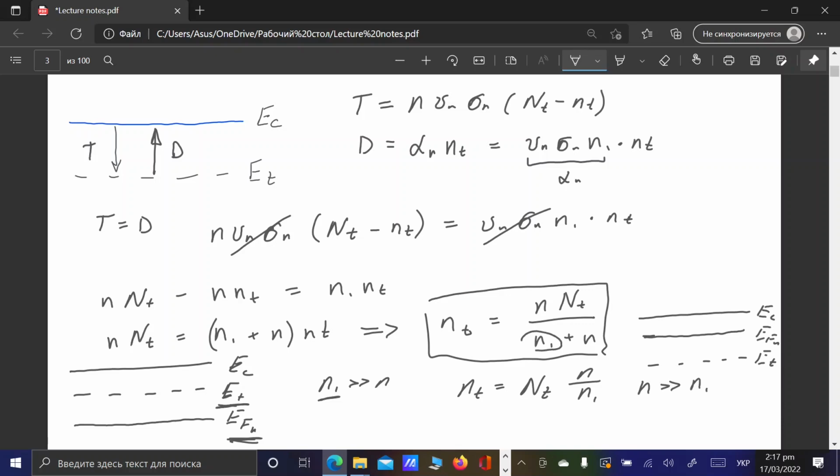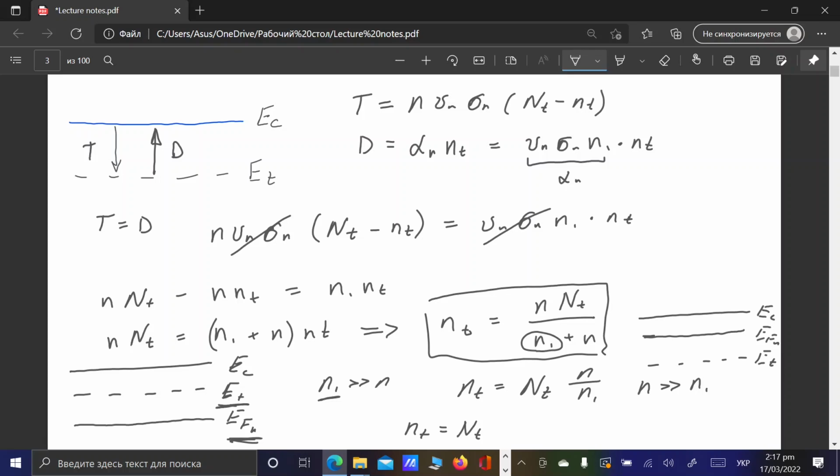Then we can neglect this N1, and we have N in the numerator and denominator. So nt will be actually equal to total concentration of defects in the semiconductor. Means that all defects will be filled with electrons, and they will be occupied with electrons completely, because quasi-Fermi level will be higher than the position of the trap energy level.